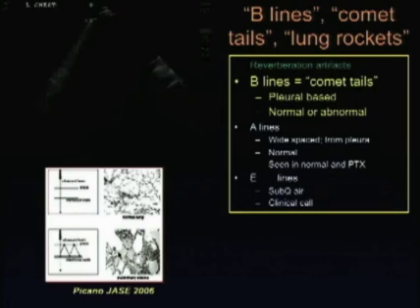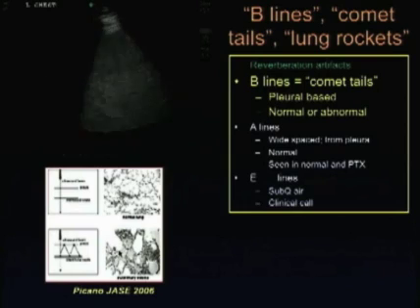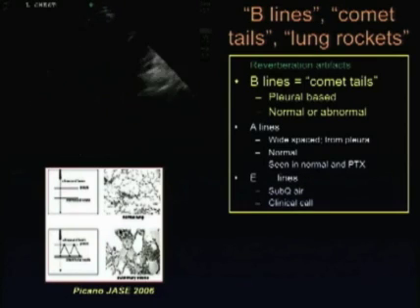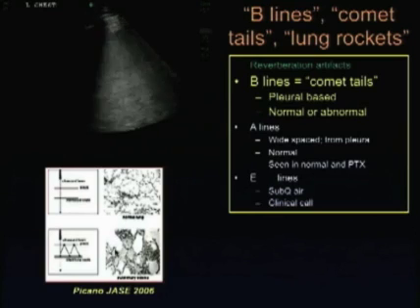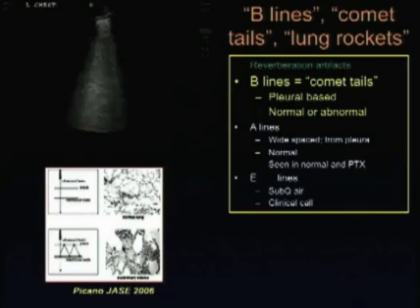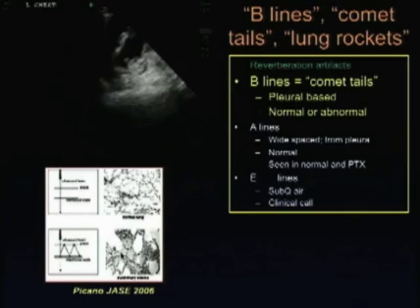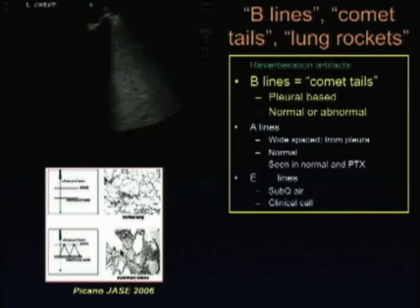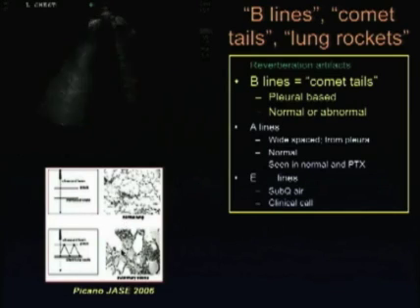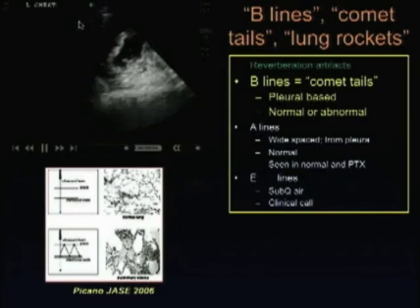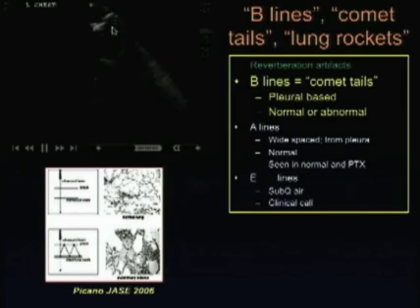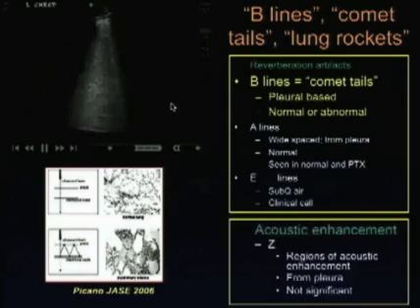Each time they bounce back towards the probe, a certain amount of the ultrasound waves travel back to the transducer, and the remainder continue to echo back and forth, and each time they return towards the probe, some are sent back to the transducer, resulting in these very fine linear rocket tail reverberation artifacts.